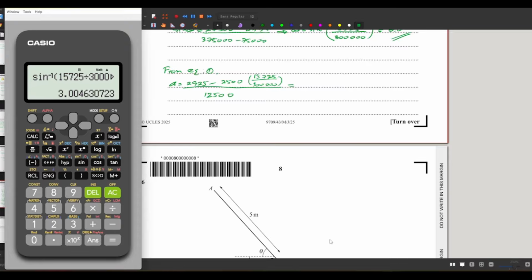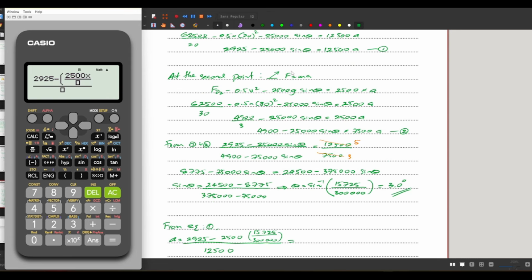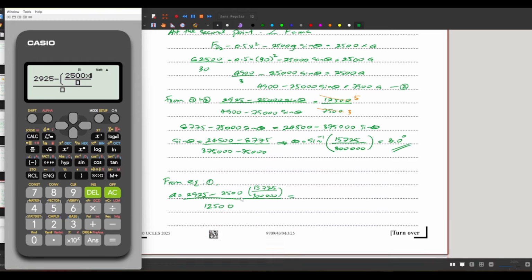So I will use the calculator here. So we have a big division, and the 2,925 minus, and I will use a bracket because here we have some multiplication. So 25,000 multiply, let me double check, no, it is 25,000. Sorry.